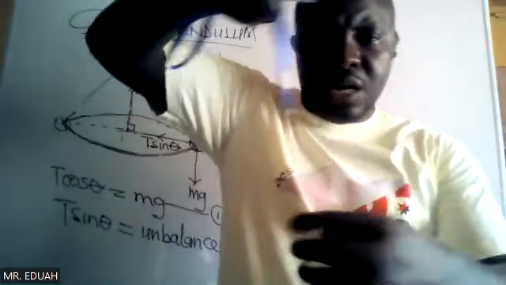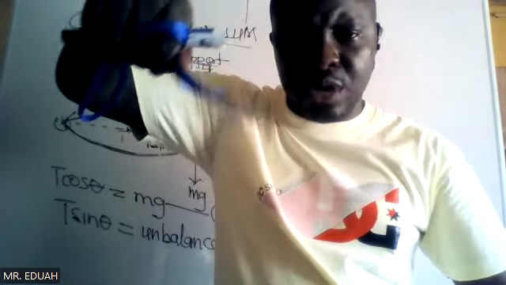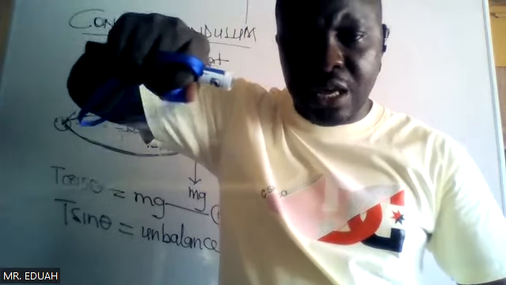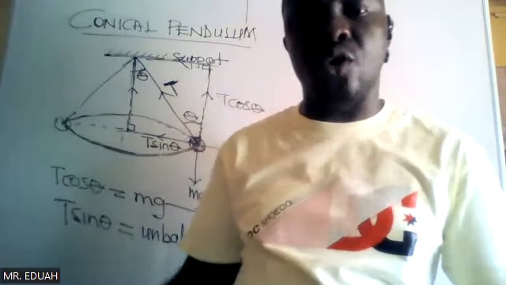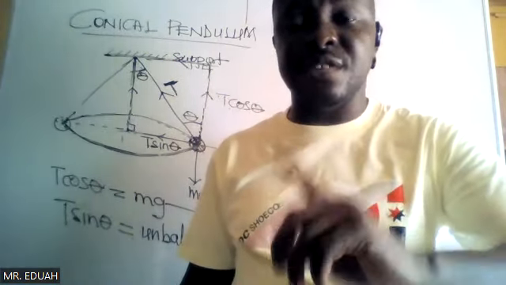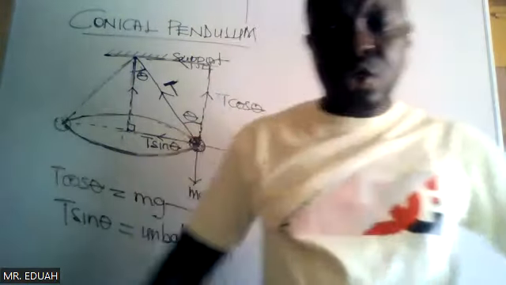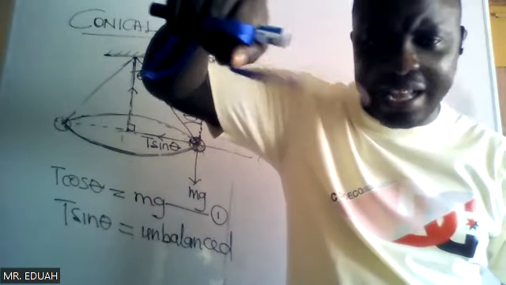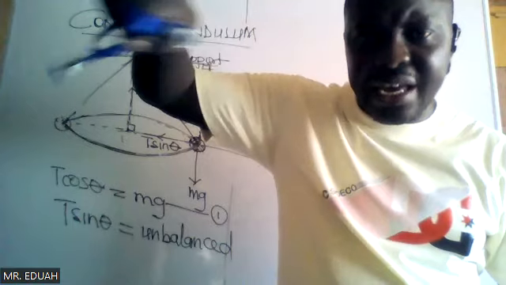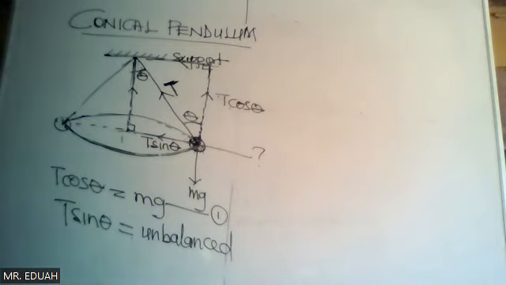So whenever you have this arrangement and you displace it at an angle and release it, it embarks on a circular motion because the unbalanced force, which is the T sine theta component, behaves like a net force which causes the body to accelerate. So the circular motion of the mass is caused by the unbalanced force T sine theta.